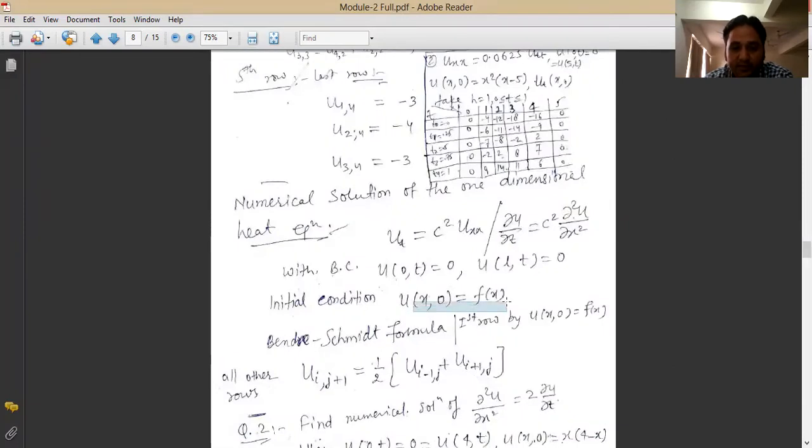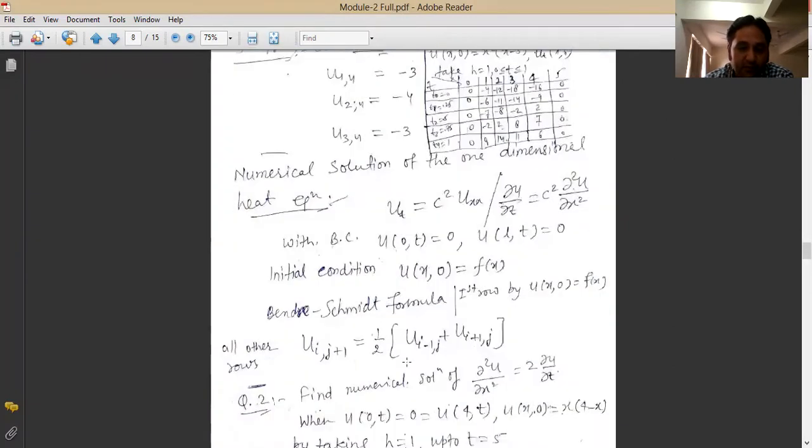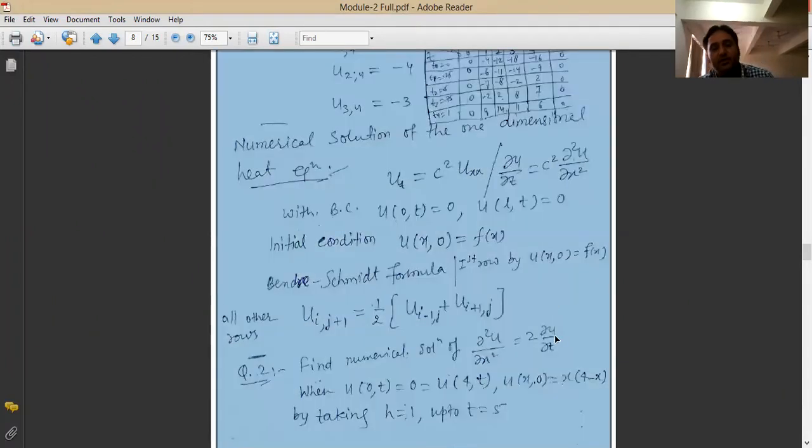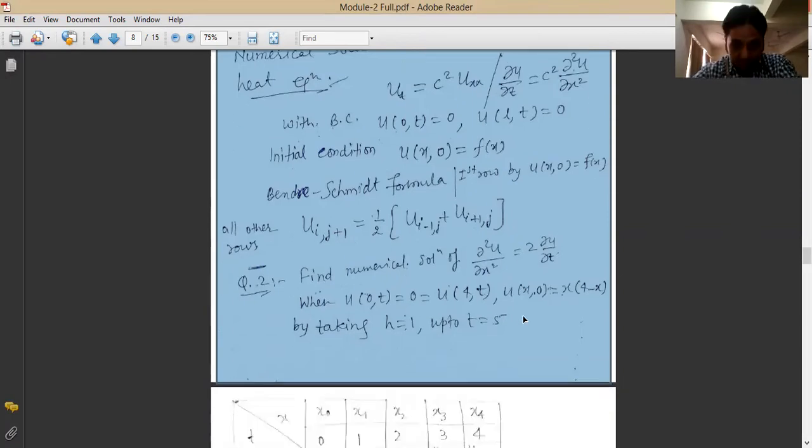And one initial condition also will be given to you, and we will solve it by Bender-Schmidt formula. The first row will come by the condition which the question will give you. All other rows will come by the very simple formula u of i comma j plus 1 equals u of i minus 1 comma j plus u of i plus 1 comma j, divided by 2, right?